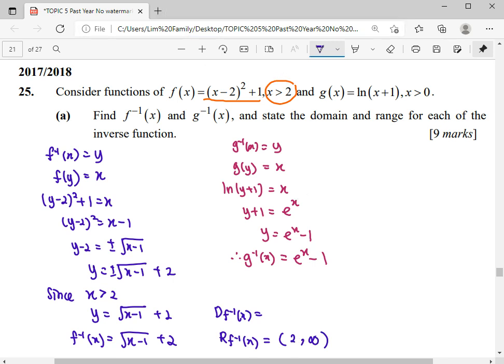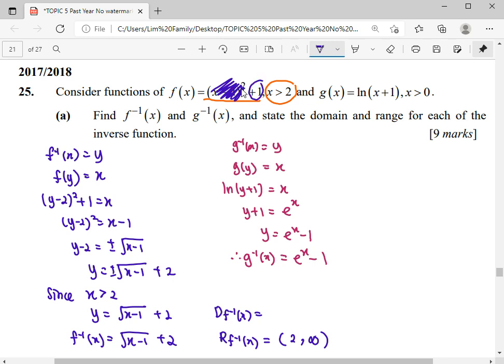So when we want to find our domain of f inverse, we have to do the range for this. How do we do the range for this? This quadratic in range concept is a special case. We close this part, we close the range, using the characteristic of the quadratic, we can see the value 1.